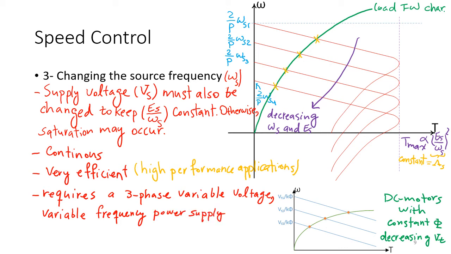You need a power supply in which both the frequency and the voltage are changing, and for that you need power electronics. In fact, in many cases they call this by a shortened name, variable frequency drives. And we are going to talk about this more in the next chapter of this course.